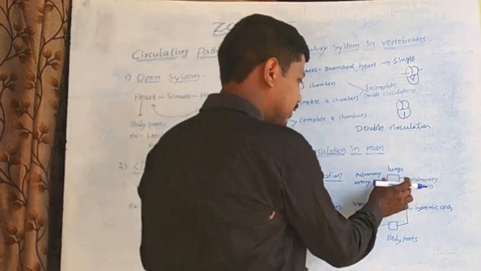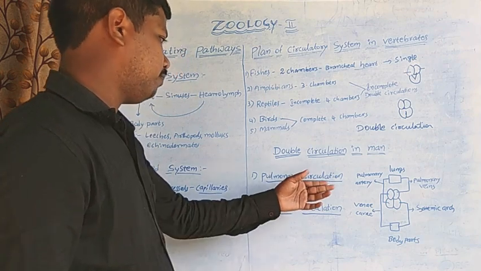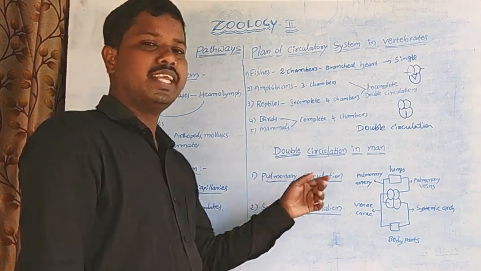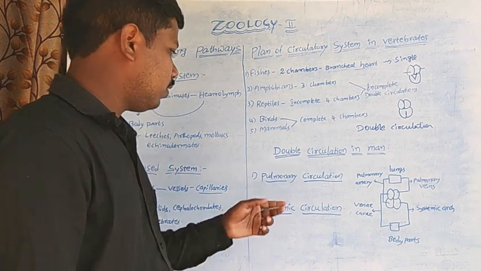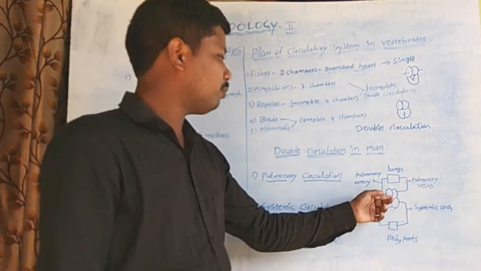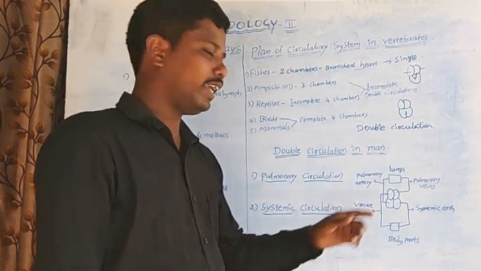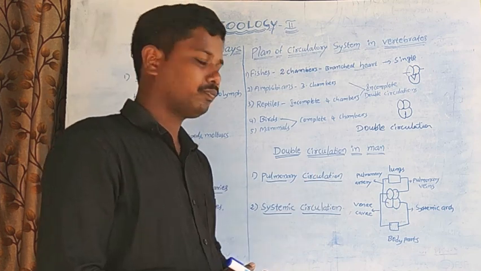This process is called pulmonary circulation. The circulation of blood from heart to lungs and lungs to heart is called pulmonary circulation.